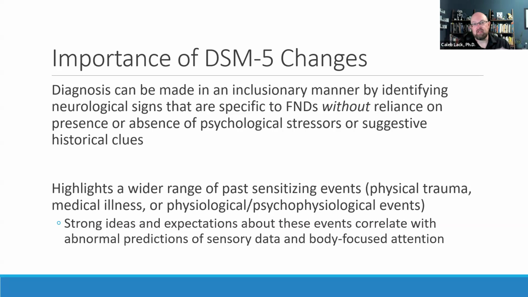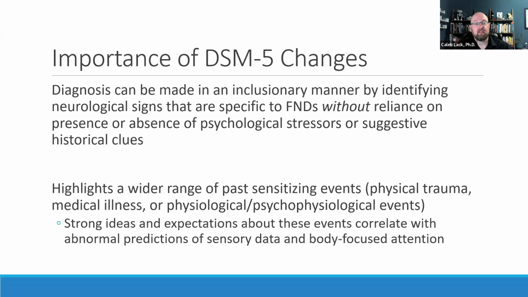And that could be things like, yes, physical trauma, but that could also be a medical illness, or some sort of physiological occurrence, like panic symptoms, where, hey, there's a lot of things that could predispose me towards developing these functional neurological symptoms. We're going to talk about etiology here in a minute, and you're going to see some more examples of that.